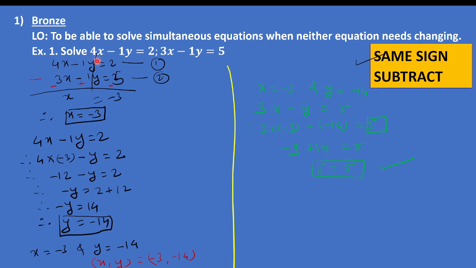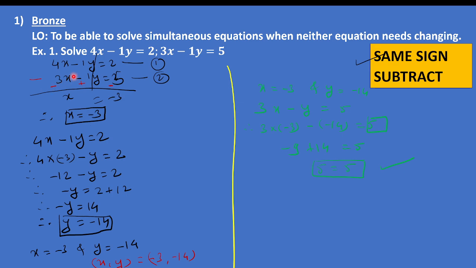Now go for the y. This is minus 1y, and here minus 1y in both equations. So now both terms are crystal clearly the same. Okay, so what we are going to do here is not change anything in our equation.